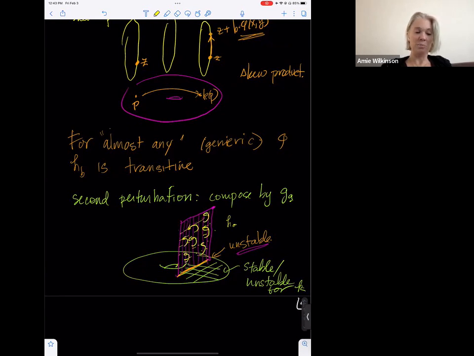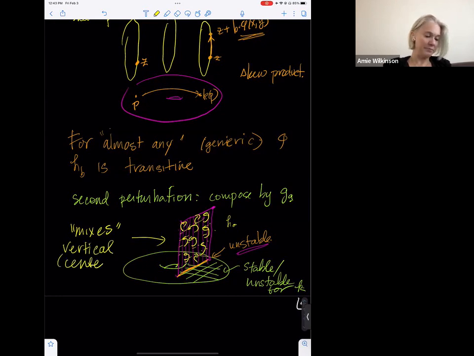that can extend globally. GA mixes, i.e. it acts as a rotation, a rotation in some coordinates, in some places in some directions, in other places in other directions, but it mixes the vertical, which I call center direction, with the unstable direction, which is horizontal.